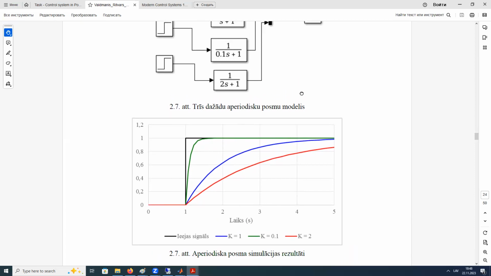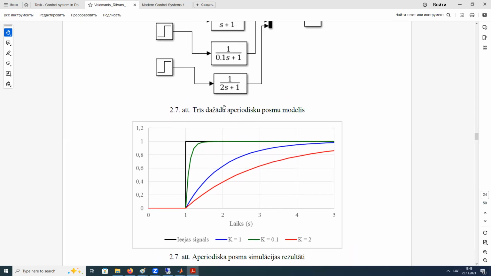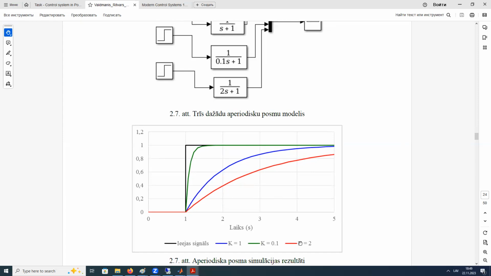The idea of an aperiodic block is to represent the input signal. The main idea is the trip, how fast and what will be the trip of this output signal. So the higher this coefficient, the more aperiodic signal we will get.